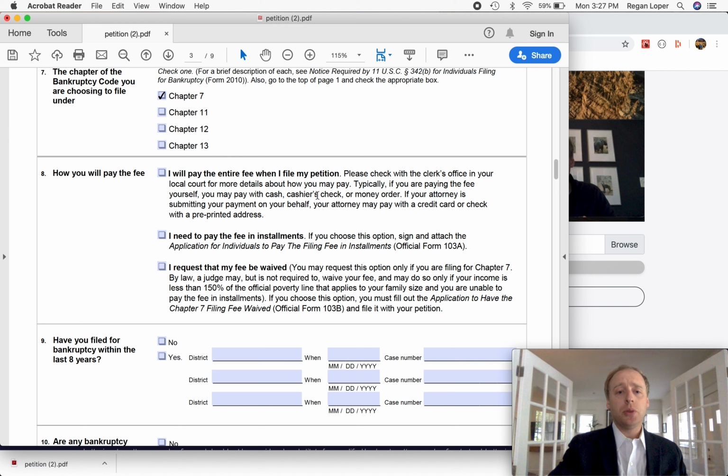Now, there are 2 other options, though. And the second is, I need to pay the fee in installments. And you'd actually, as you see, have to attach a separate form if you're going to do this. And the third option is that you request your fee be waived. This is a little bit outside the scope of this video, but essentially if you've got justifying circumstances that would provide you the option to do this, then you can.